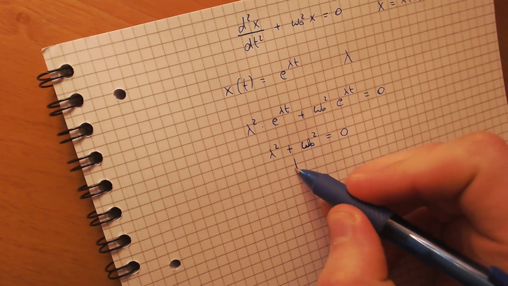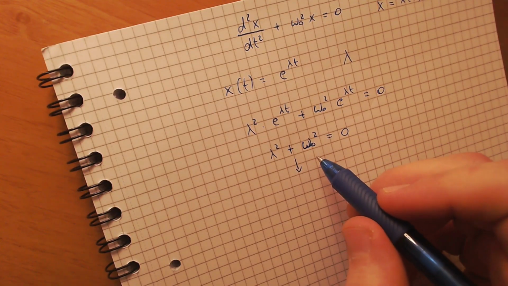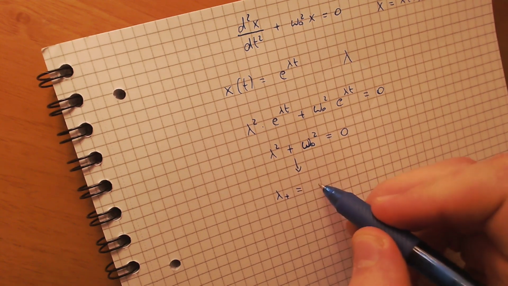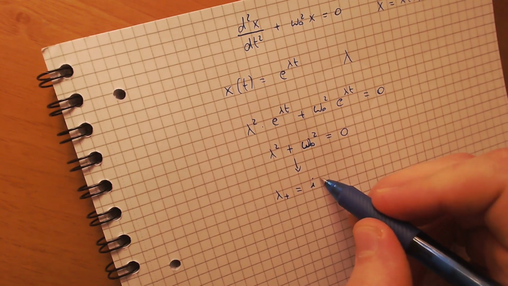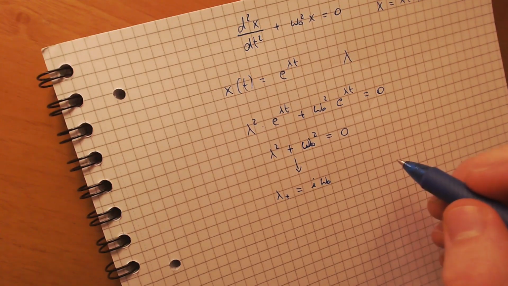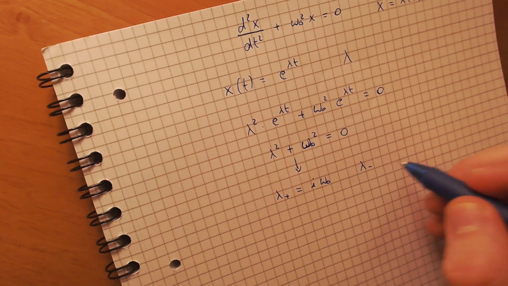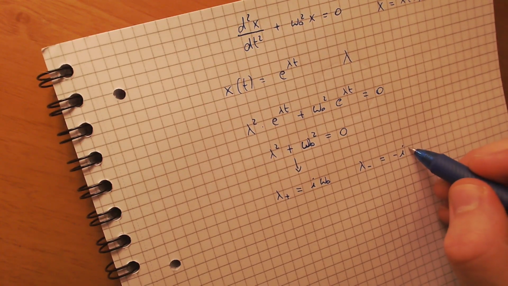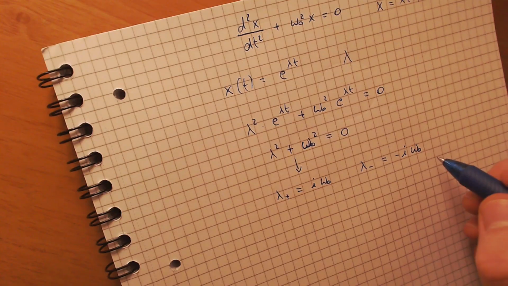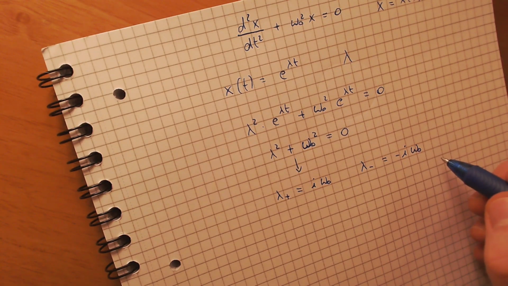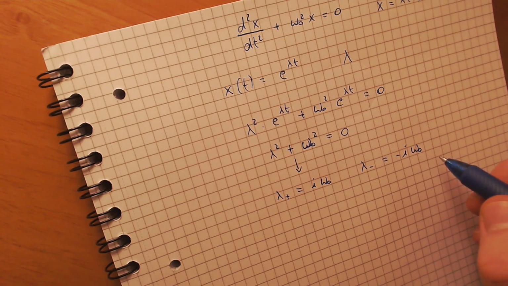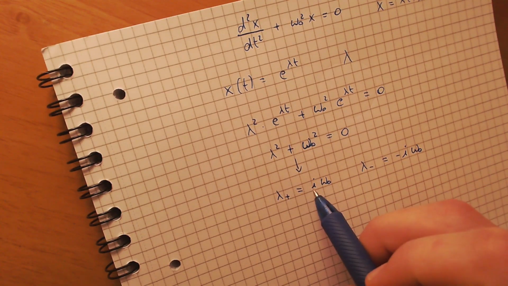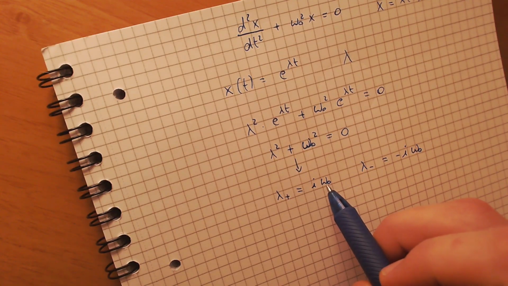In fact, the solutions of this equation are lambda plus, which is i times omega 0, and lambda minus, which will be minus i times omega 0. So we found the solutions of this simple equation, which are two imaginary solutions.